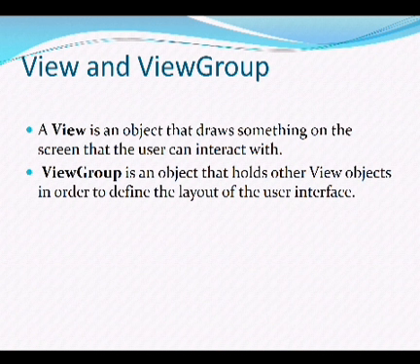So a view is an object that draws something on the screen that the user can interact with, and view group is an object that holds other view objects in order to define the layout of the user interface. So this is the definition of the view and view group. We already saw how to define the layout.